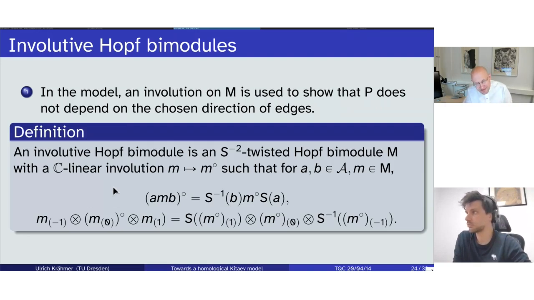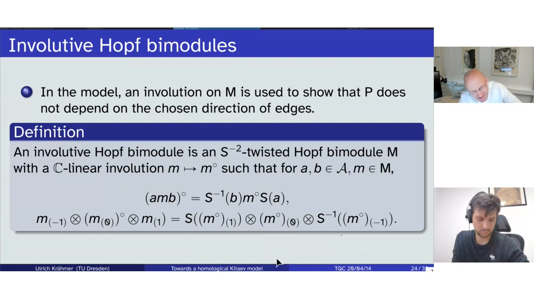What you find is that for this, the twist must come in and it must be an s to the -2 twisted Hopf bimodule. With that twist, you can then ask for a linear involution, small m mapped to m circ on that vector space M. So a linear map which squares to the identity, which intertwines these two things. So it has these properties as you see here.